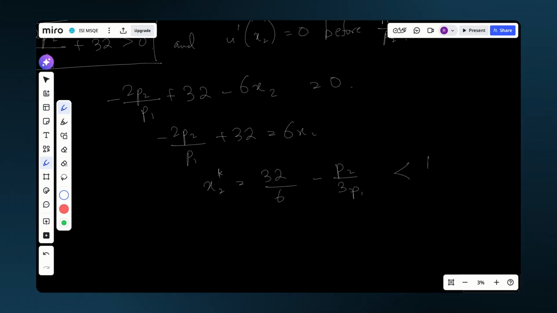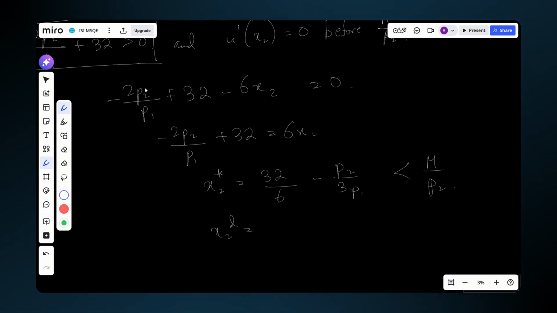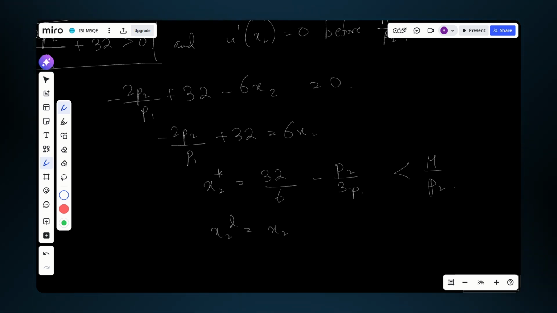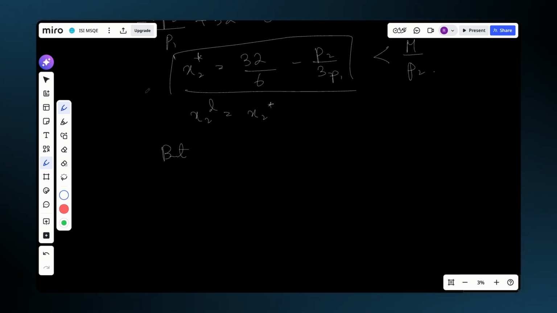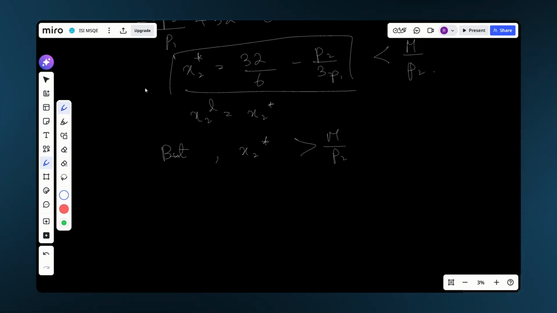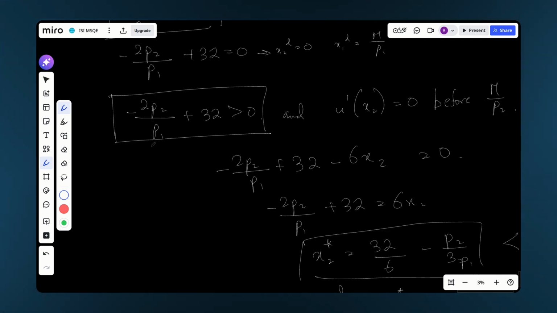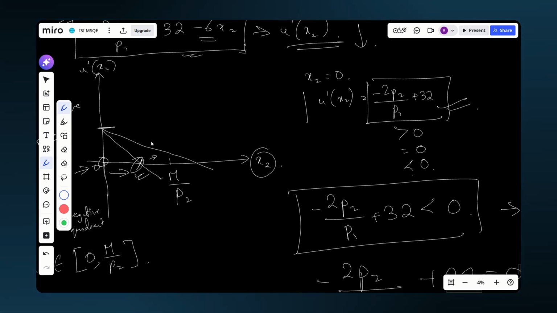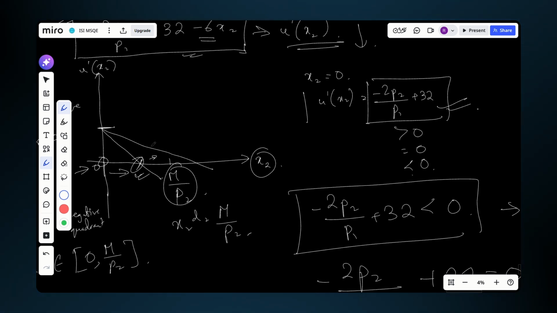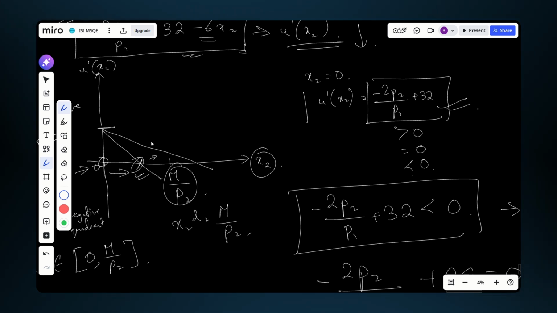If this bundle is less than m by p2, then my demand will be this bundle only. x2d will be equal to x2 star. But if x2 star is greater than or equal to m by p2, if it cuts the 0 point beyond m by p2, then my optimal bundle will be nothing but m by p2. Why so?